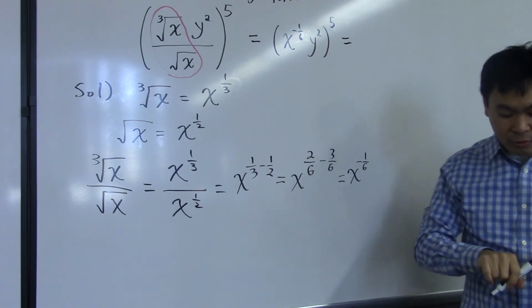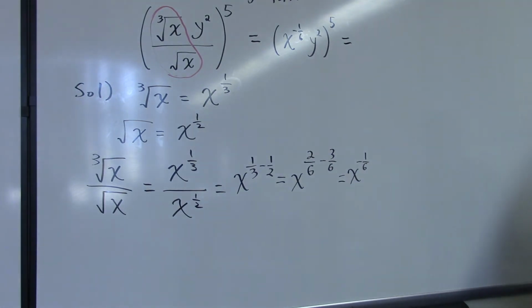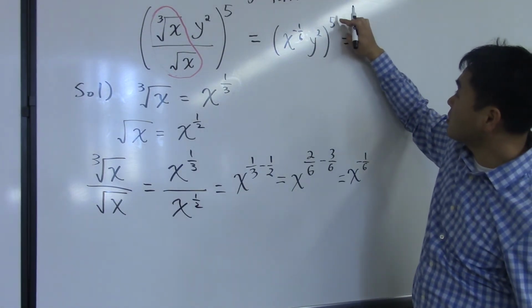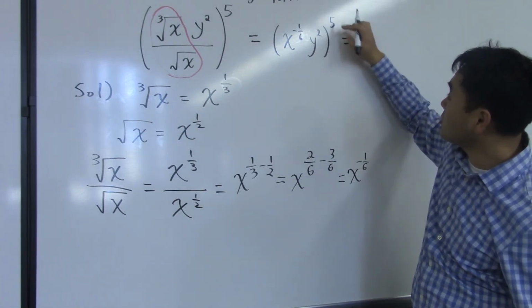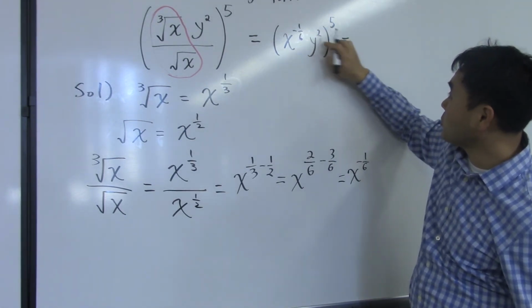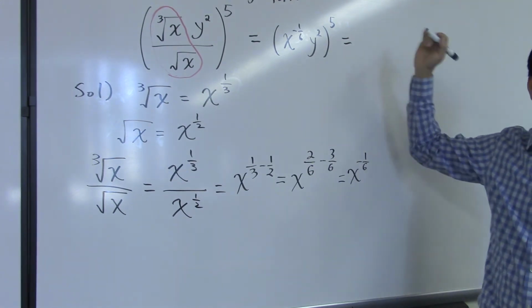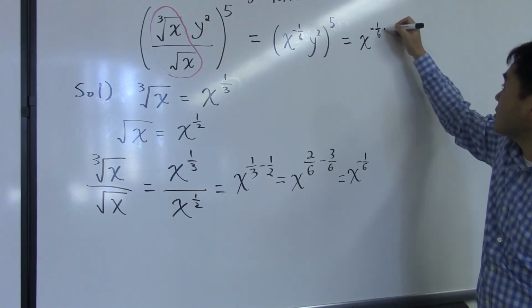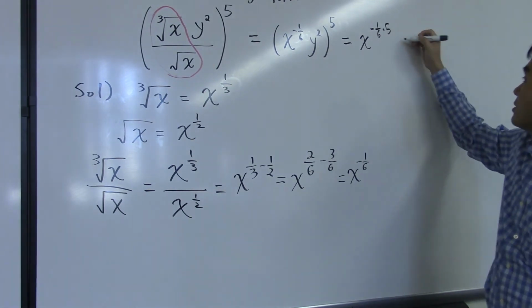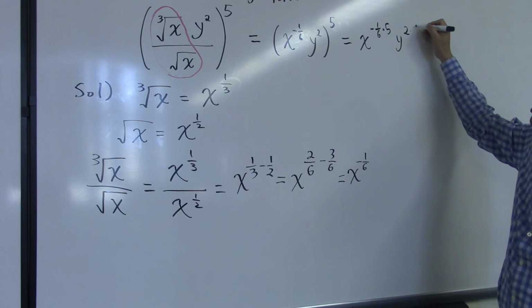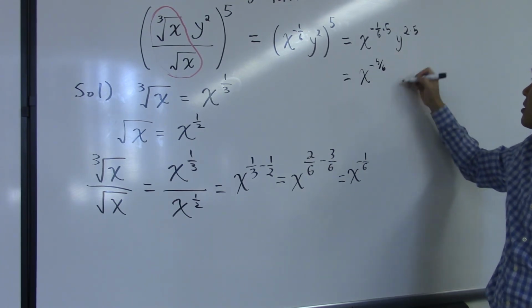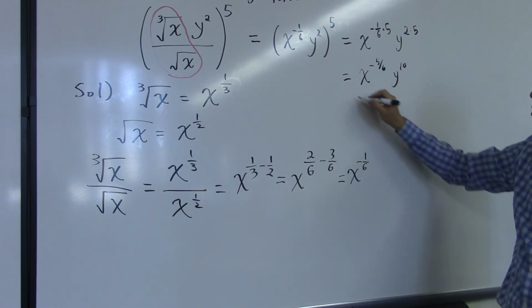Now we have to use another rule where it says if you have a parenthesis with some number, how do you compute this with these exponents? Yes? Multiply. You have to multiply, right? So it's negative 1/6 times 5. This is multiplied. And y squared times 5. And therefore you get x to the negative 5/6 and y to the 10th power. And that's the final answer.